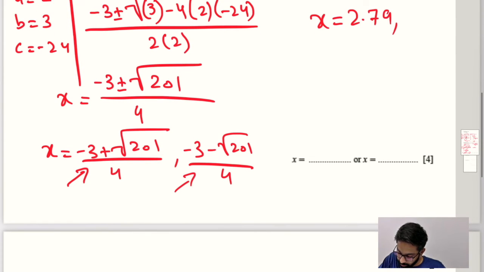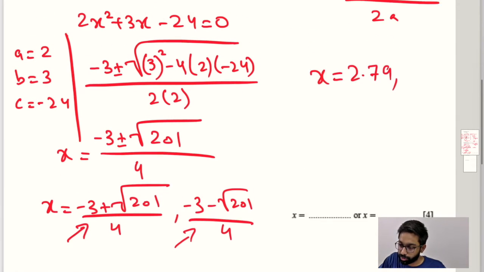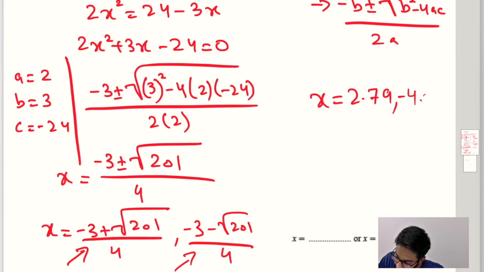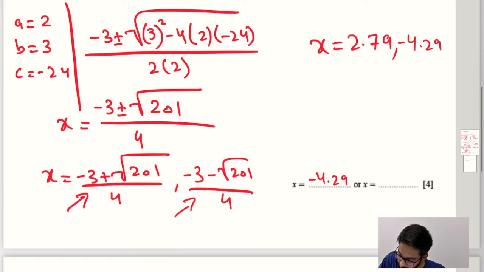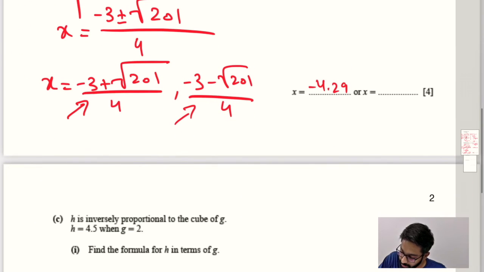And if I do this one, negative 3 minus under root 201 divided by 4, I get negative 4.29. So these are my values of x. I write them here. Negative 4.29 and the other value was 2.79. Excellent. Let's move on.